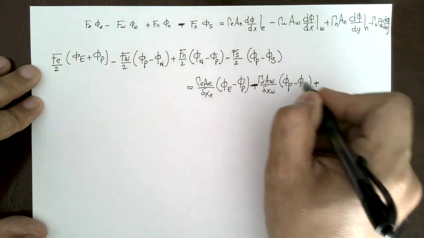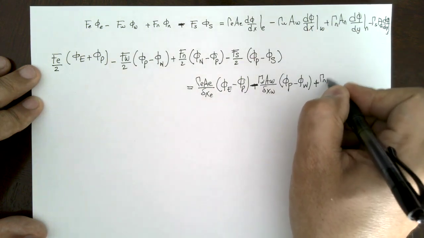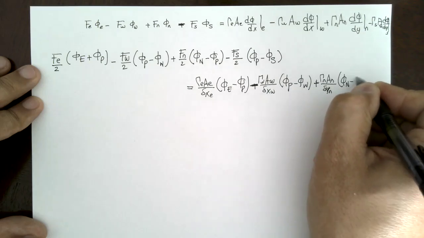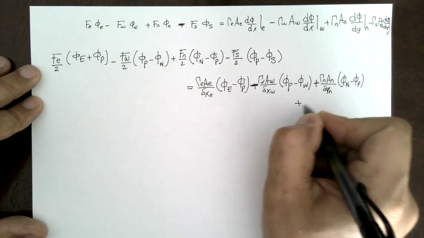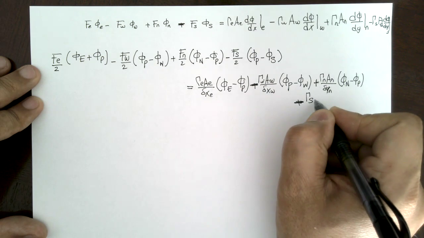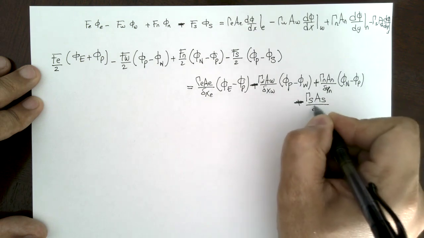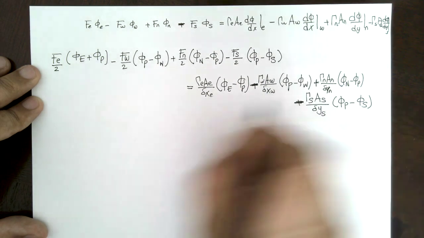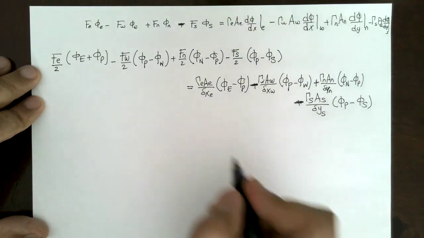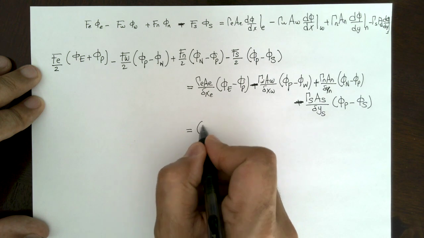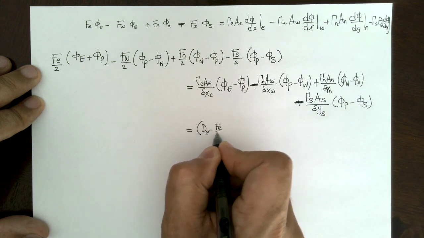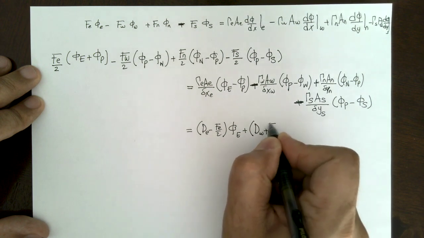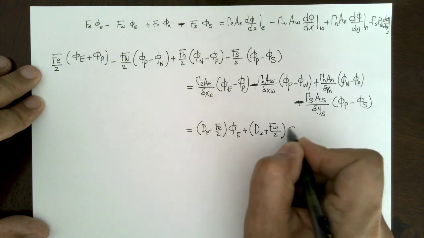Plus kappa north A north over delta Y north, phi N minus phi P, minus kappa south A south over delta Y south, phi P minus phi south. Then you collect the terms, and you will find on the right-hand side D east minus F east over 2 phi east, plus D west plus F west over 2 phi west.